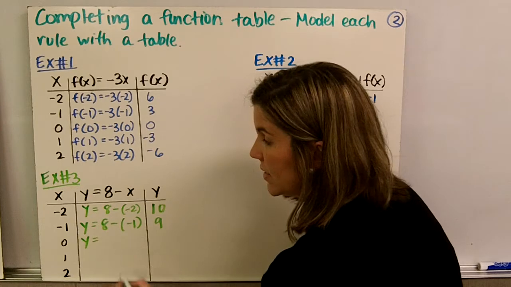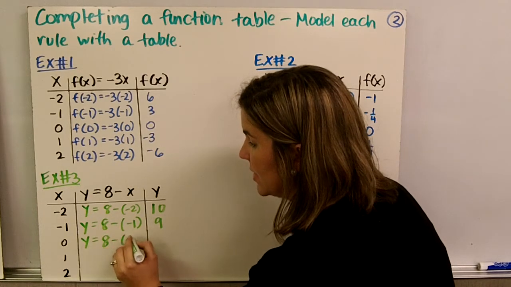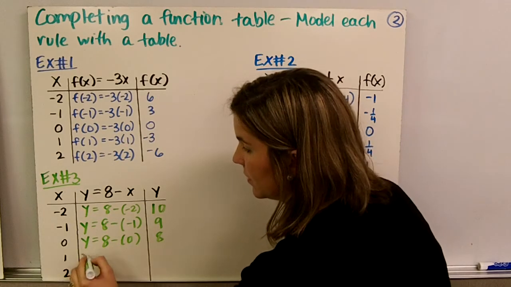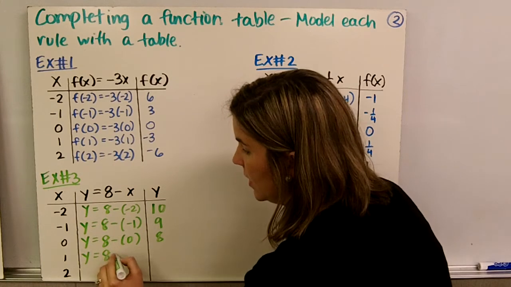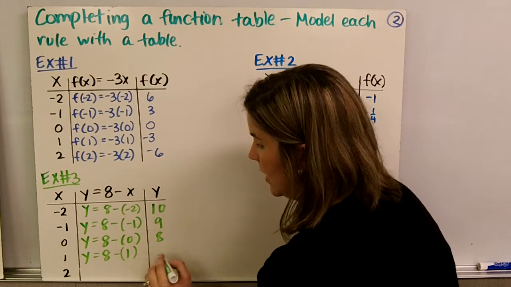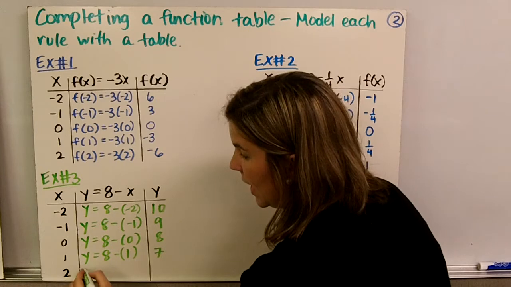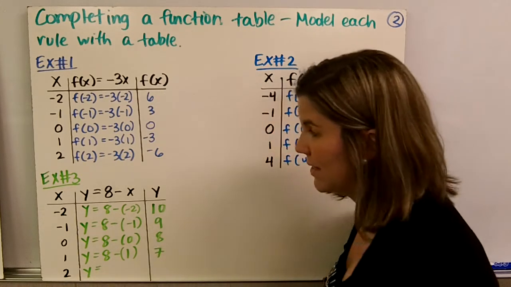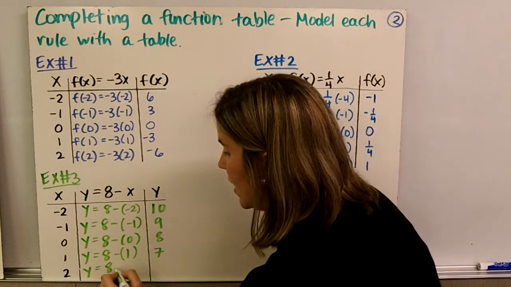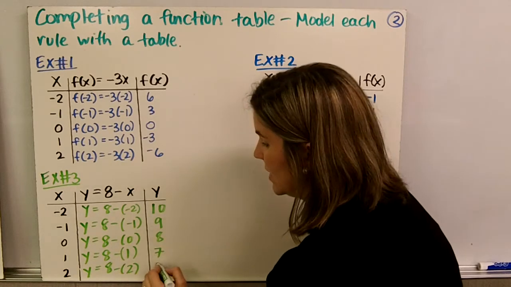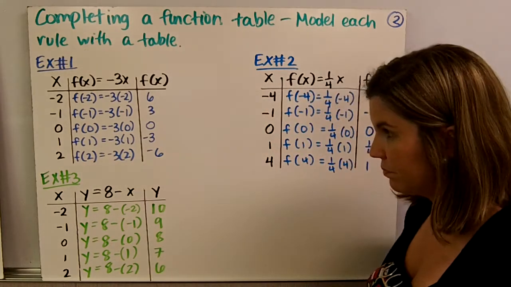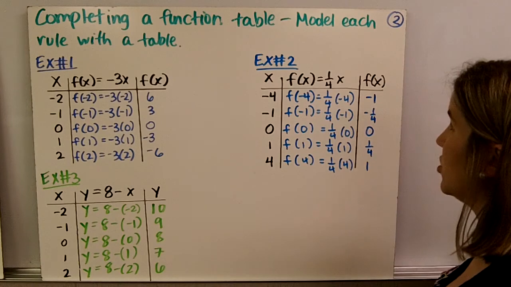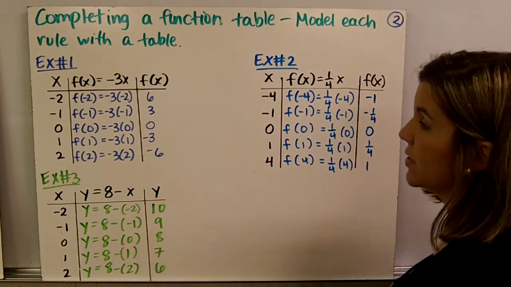If x equals 0, 8 minus 0 is 8. If x equals 1, 8 minus 1 is 7. And if x equals 2, 8 minus 2 is 6. So this would be a function table to model this rule.